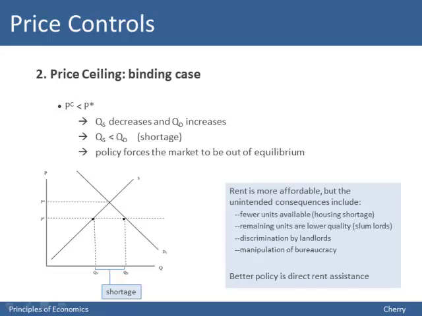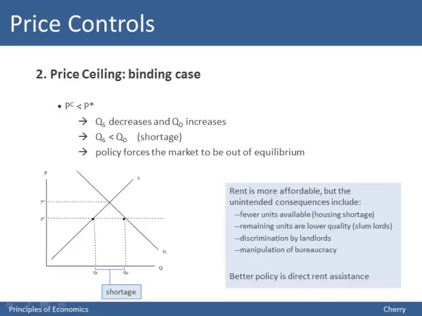And if that's the case, then that rent control is going to make rent more affordable to people, but there's going to be unintended consequences, because you're going to have fewer units available. When you have that quantity supplied decreasing due to the lower rent, that entails landlords making decisions such as switching their units from being residential to office space.